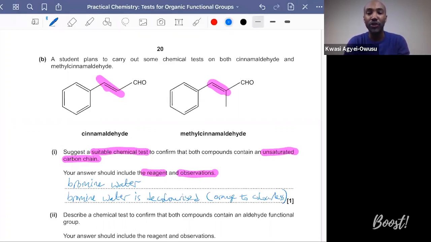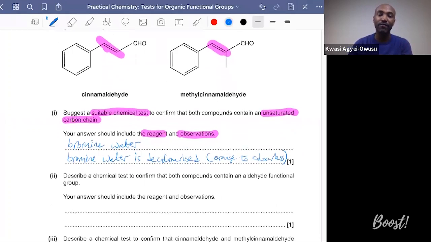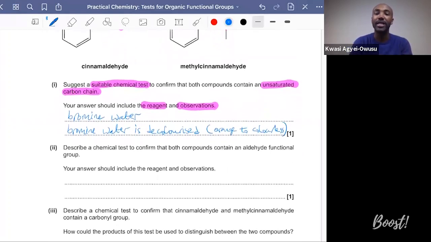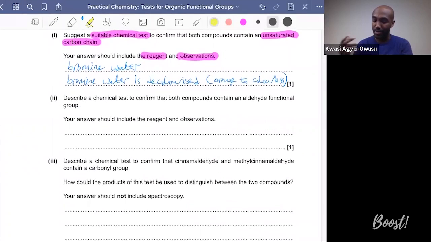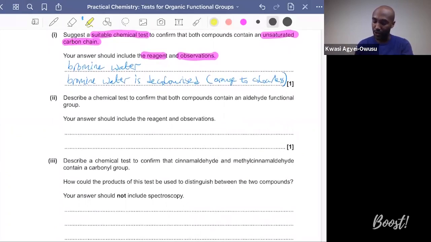Now, in part two, we're asked to describe a chemical test to confirm that both compounds contain an aldehyde functional group. If we look at our cinnamaldehyde, it's got an aldehyde group there. Methylcinnamaldehyde's got an aldehyde group there. And so we want to suggest a reagent and what observations you would see.